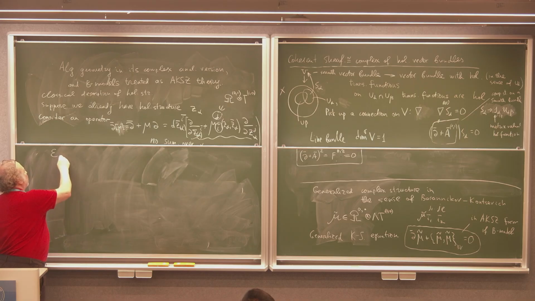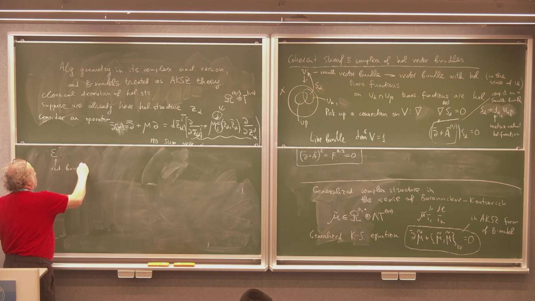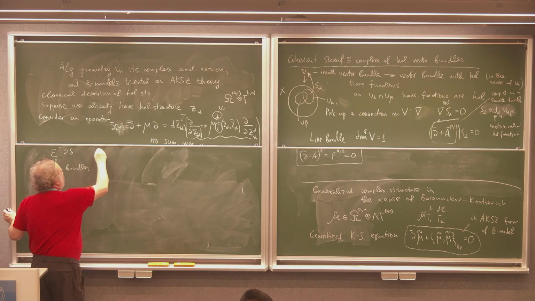Then complexes of vector bundles would appear in the following way. E dot now are vector bundles. And I assume that there is a differential that I'll call delta that squares to 0.